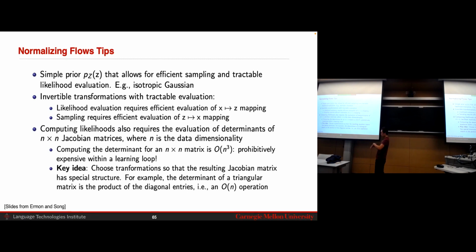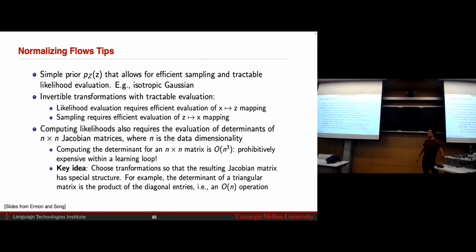In general, for dense invertible matrices, computing the Jacobian determinant takes n cubed time. But you can choose a very specific type of invertible transformation, a triangular matrix. For a triangular matrix, the determinant is just the product of the diagonal entries, so that becomes O of n instead of n cubed.